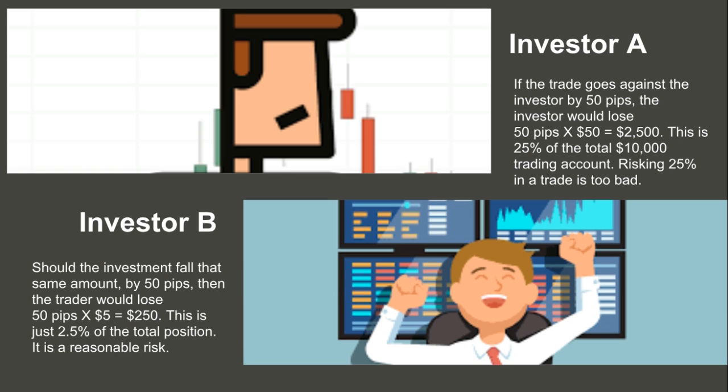Investor B, should the trade fall the same amount by 50 pips, would lose 50 pips times $5, equal to $250. This is just 2.5% of the total account. It is a reasonable risk.